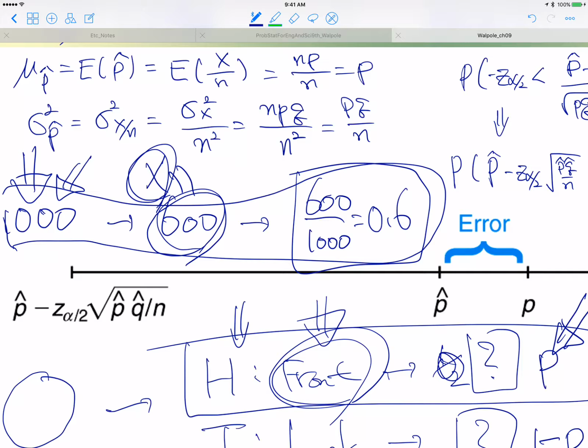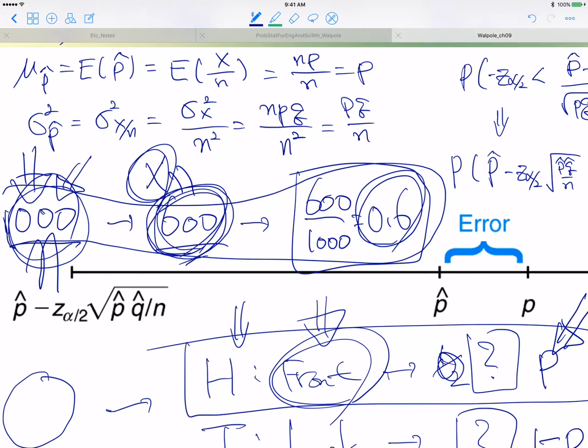We did 1000 trials, observed 600 front faces, and simply divided these two numbers in order to estimate the true probability p. From the perspective of a binomial random variable, this one is n, a parameter of the binomial random variable, and 600 is just a value of the random variable, because the binomial random variable has the meaning of the total number of events occurring.